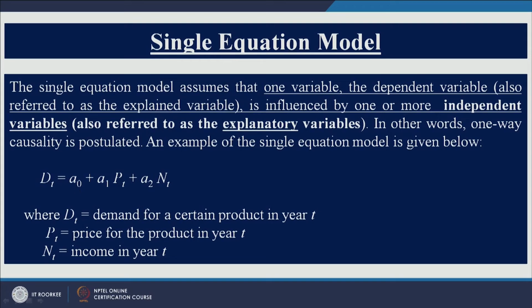This is nothing but your multiple regression equation, right. So, there is one dependent variable and these are two independent variables, right. A1 and A2 are coefficients, A0 is constant. So, this is a single equation econometric model, right.